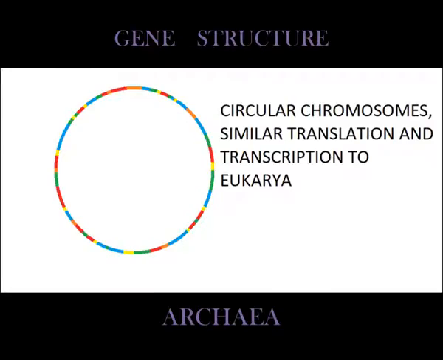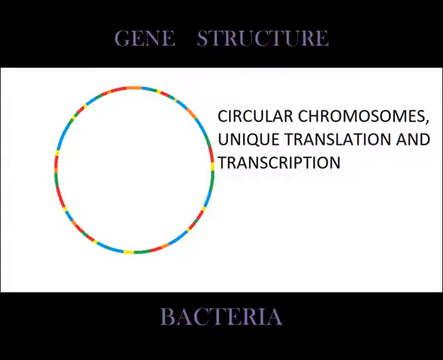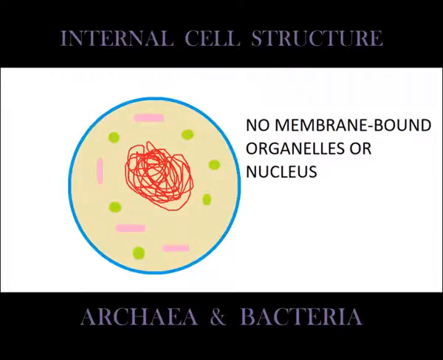Gene structure. Archaea has circular chromosomes, with translation and transcription similar to Eukarya. Bacteria has circular chromosomes also, but unique translation and transcription. Internal cell structure. In both Archaea and Bacteria, there are no membrane-bound organelles or nucleus.